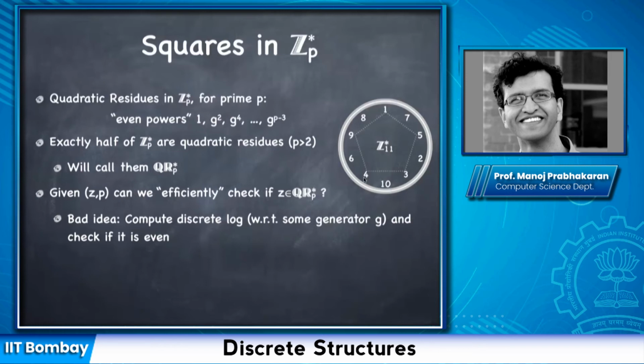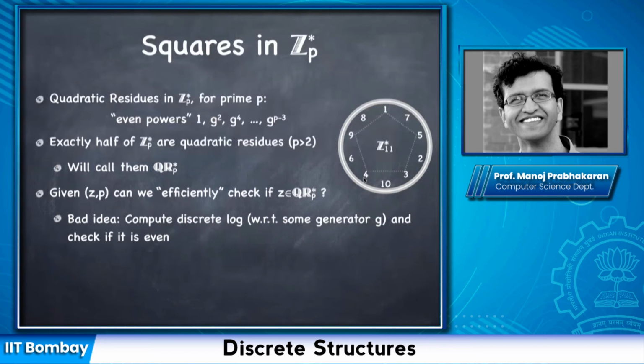If it is even, you know it's a quadratic residue, and you can convince yourself that it doesn't matter which generator I pick. If it's odd with respect to some generator, it will be odd with respect to all generators. If it's even with respect to some generator, it will be even with respect to all generators. And if it is a perfect square, then it has to be even with respect to all generators.